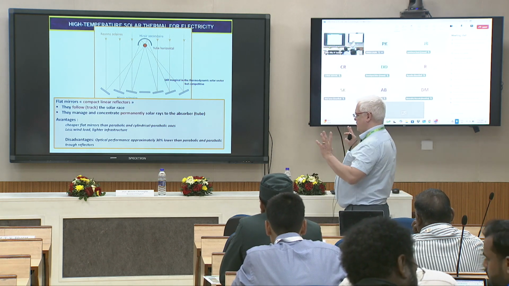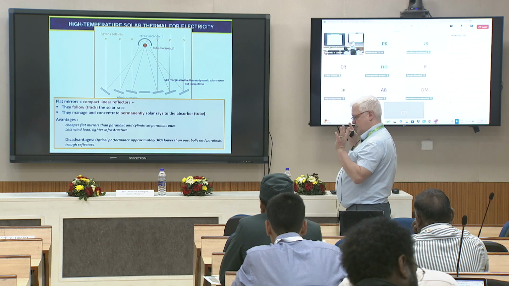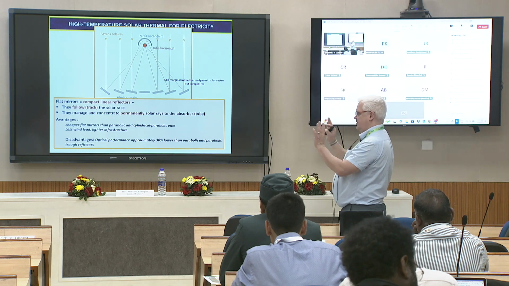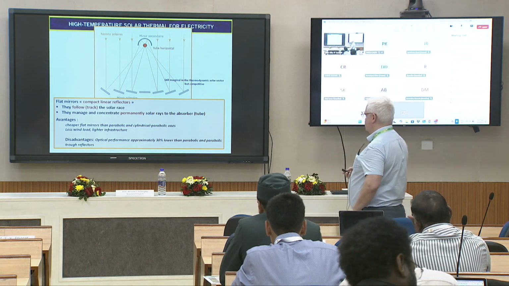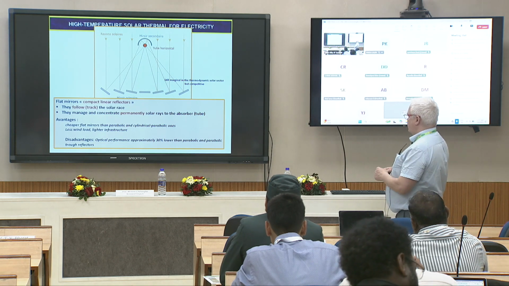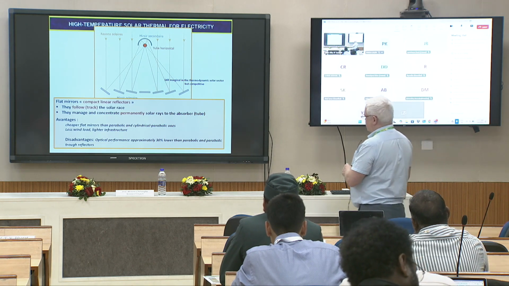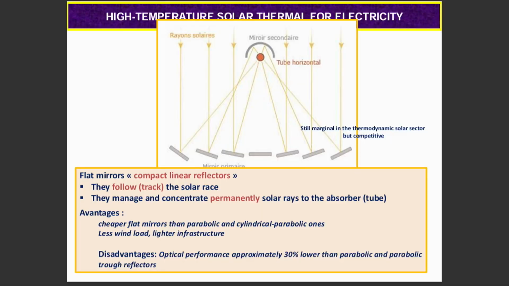It's very difficult to adjust each heliostat very well to focus the rays on the tower. The advantage is that it's cheaper, because it is flat mirror, so it's cheaper than a parabol. Because you are mimicking a kind of parabol with flat mirrors.